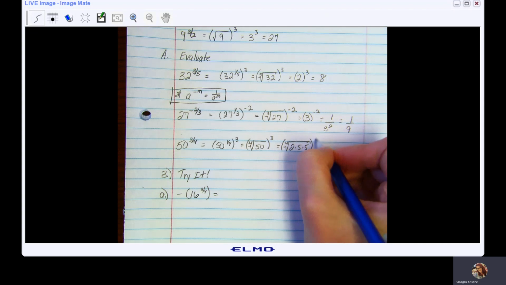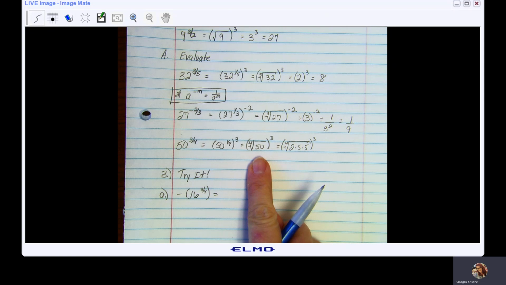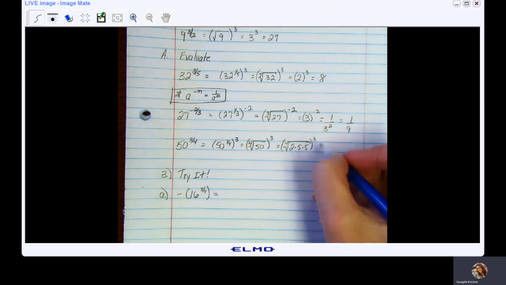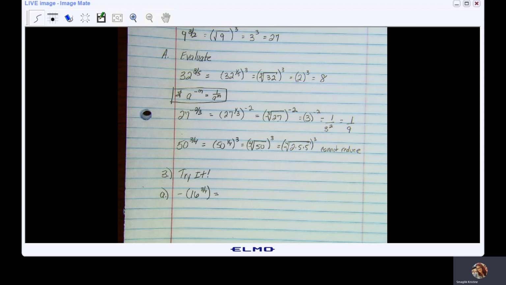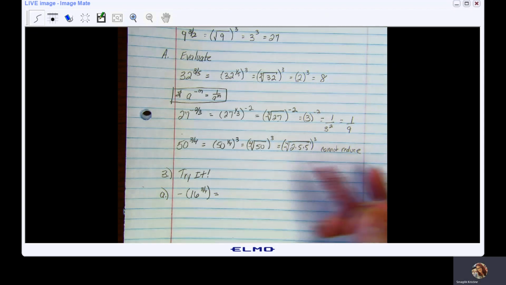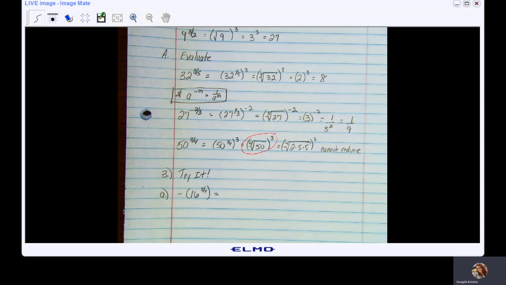So that means I cannot reduce this anymore. You'd end up putting it into a calculator and you'd probably get some sort of decimal approximation. So cannot reduce. You could probably leave it just like this. That would be fine.